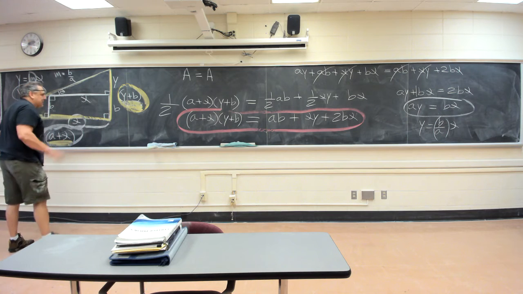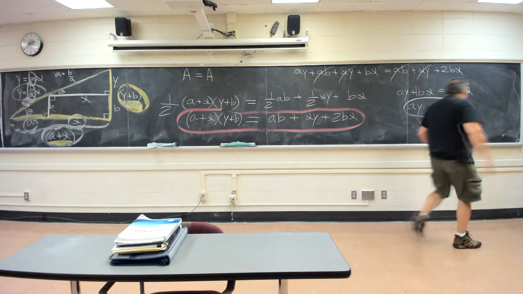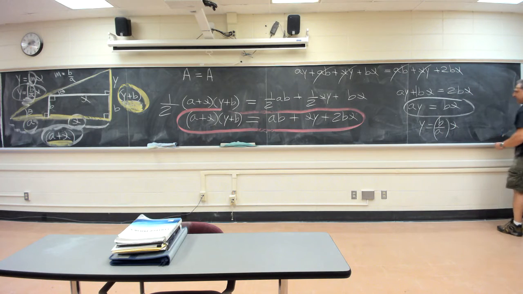There's something a little bit bigger here. I don't know if it's bigger, but it's actually the same thing, just spoken a little bit differently. Divide by x on each side, you got y over x equals b over a. B over a equals y over x.